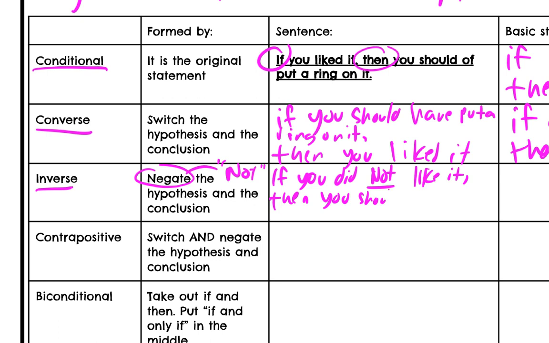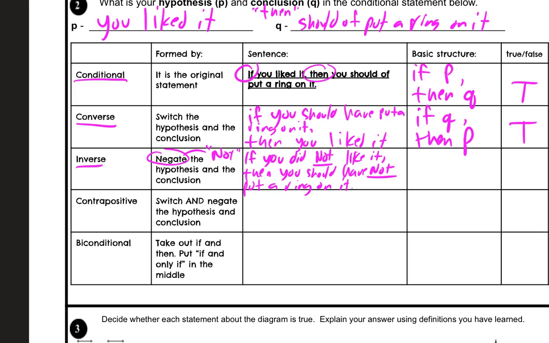So that's our structure. We're going to negate both of them in the same order. So basically, we're going to say if not P, then not Q, the same order as before except for adding a not in front of it. So if you did not like it, then you should not have put a ring on it. That's true too. If you don't like it, you shouldn't put a ring on it.